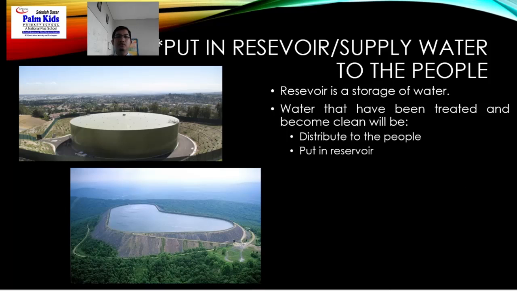The stream of the river is less, the water underground is less, so you send this reservoir water to the people. But in rainy days, there's a lot of water and more than the people need, so the Pdam can put it in a reservoir for future needs.